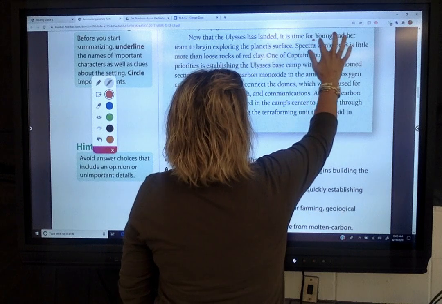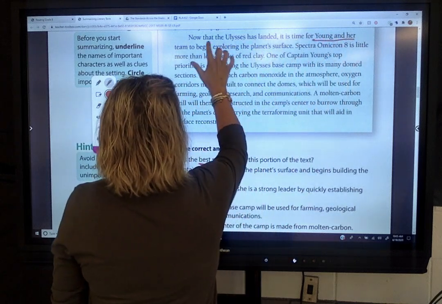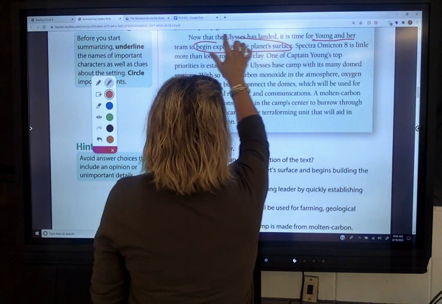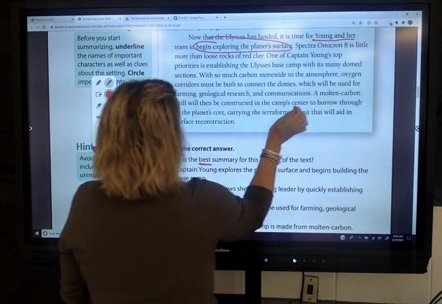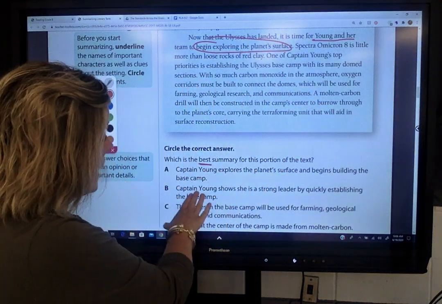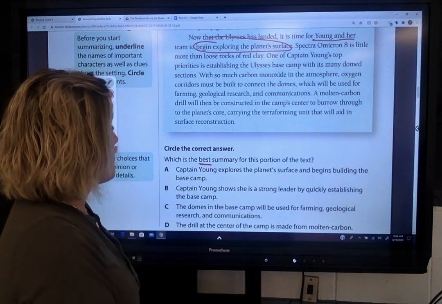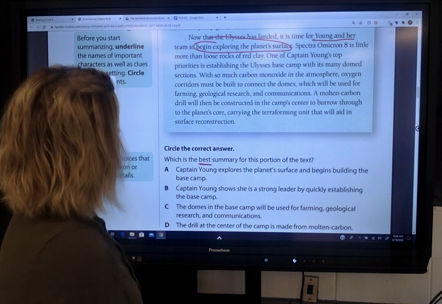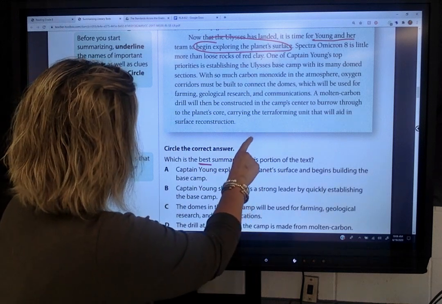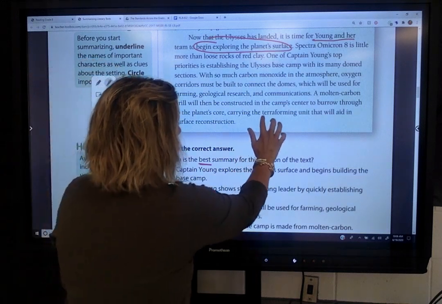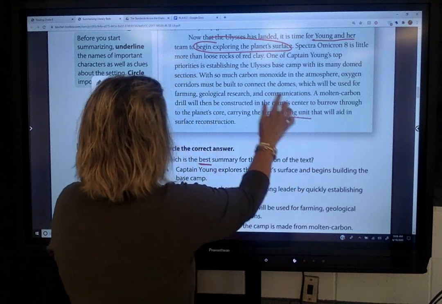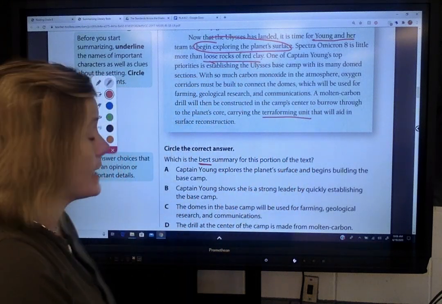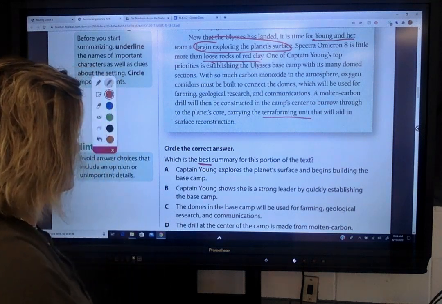Well, we know that Young is important. We know that she begins exploring. That's a pretty good answer. Captain Young explores the planet's surface. What else does she do? She's got the terraforming unit that's going to aid in it. She sees that it's loose rocks, so she has been exploring. So that's a pretty good answer, but let's look at the next.